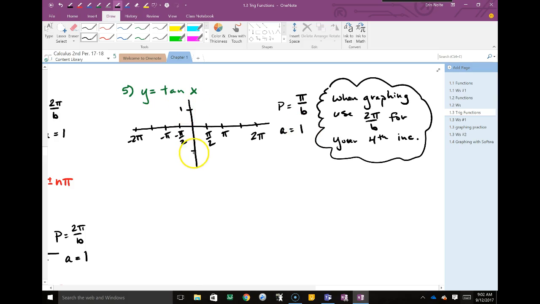Okay, so when you draw this, you still have to show some kind of labeling in your y-axis. Okay, so we talked about vertical asymptotes. Where's my first vertical asymptote on a tangent function? When is the first x value 0?